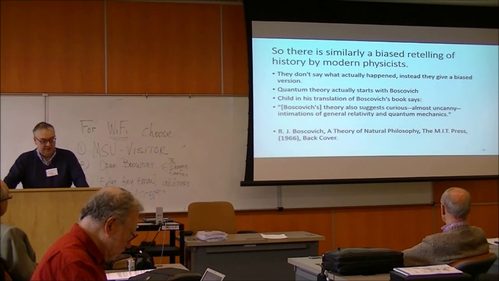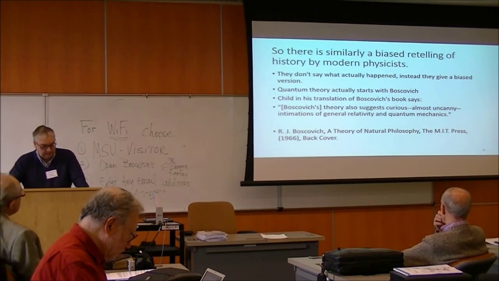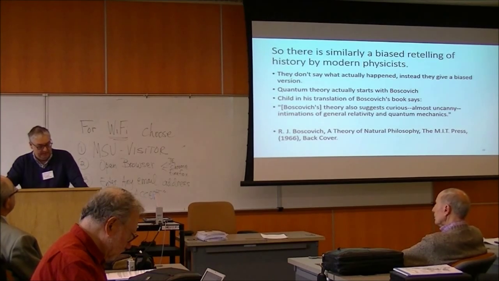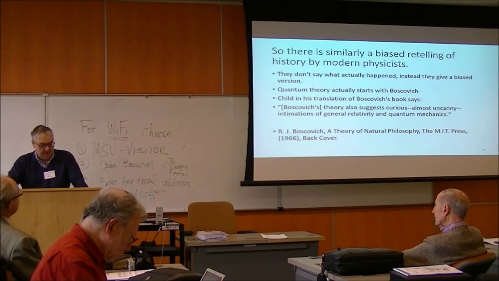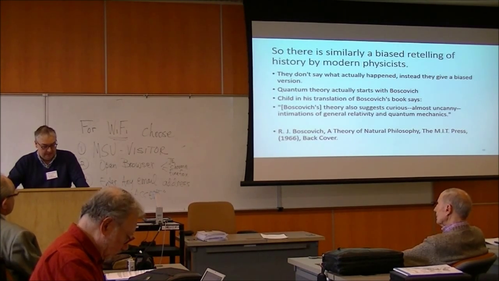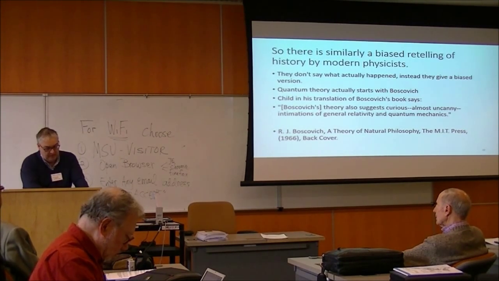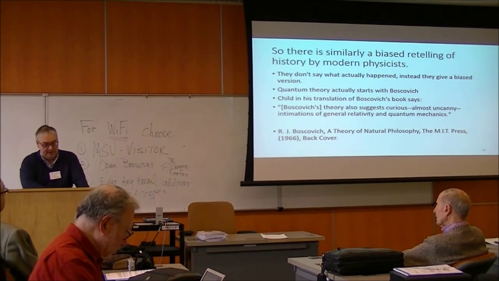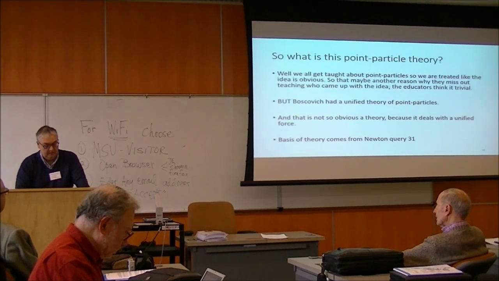Quantum theory actually starts with Boscovich. When Child translated one of Boscovich's books, he says, "Boscovich's theory," I'm quoting him, "also suggests curious, almost uncanny imitations of general relativity and quantum mechanics." And that is quoting from a book published by MIT Press in 1966.